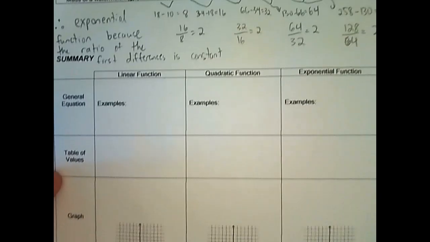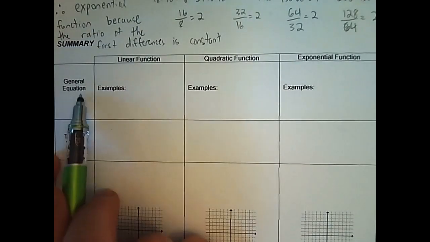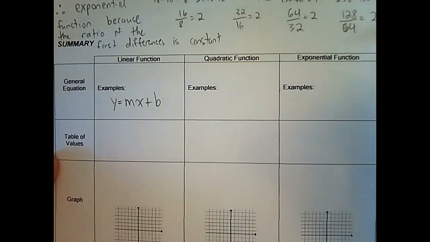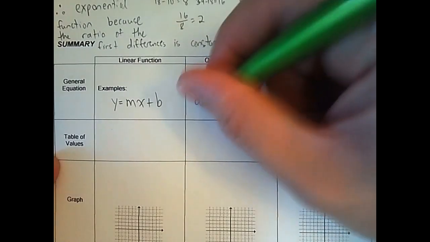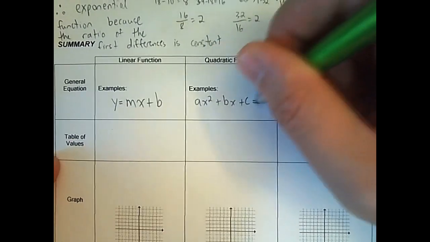So summarizing, linear, quadratic, and exponential functions. Our general equation for linear functions, it should hopefully be ingrained in your memory, is y equals mx plus b. For our quadratic equation, we're just going to use the standard form, ax squared plus bx plus c is equal to 0.